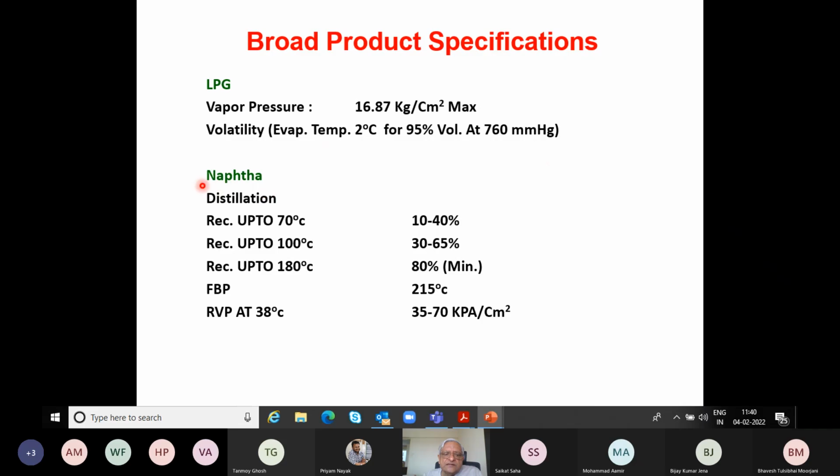As far as the naphtha is concerned, which includes both light naphtha and heavy naphtha, we try to limit the final boiling point to 210, sometimes 215 degrees Celsius, and the RVP, because otherwise you'll have a significant quantity of butane coming down, which is a loss, because C4 should go into the LPG stream.